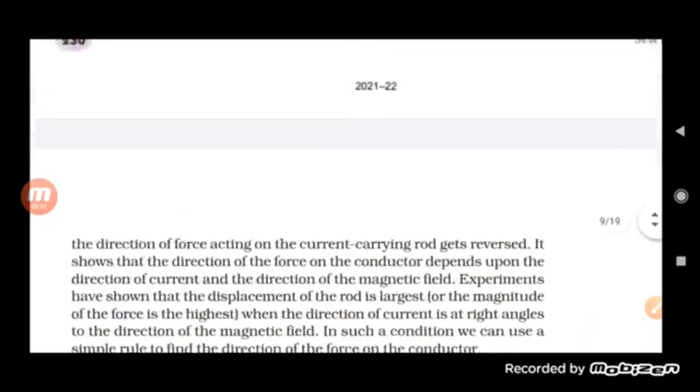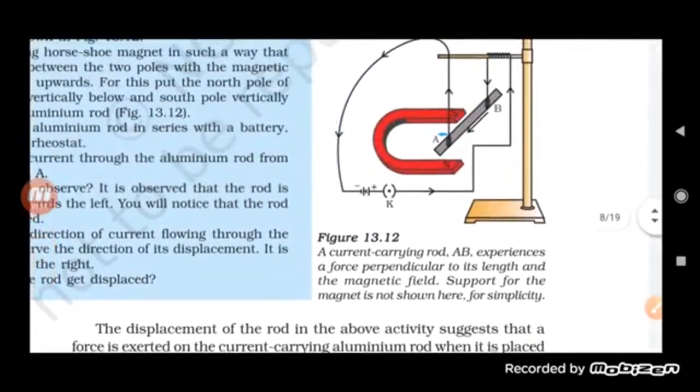Here it is explaining, students, that when the current is there, it will exert a force on the aluminum rod, due to which the change in the direction can be seen in the aluminum rod. Suppose we change the direction of the current.